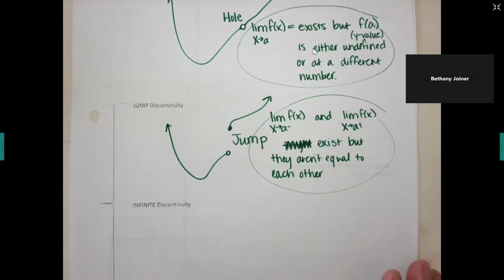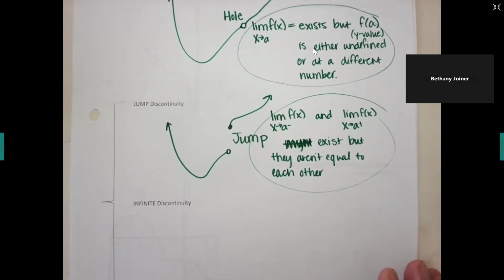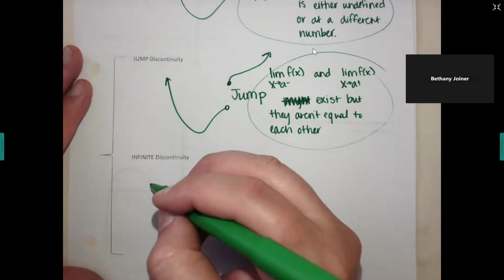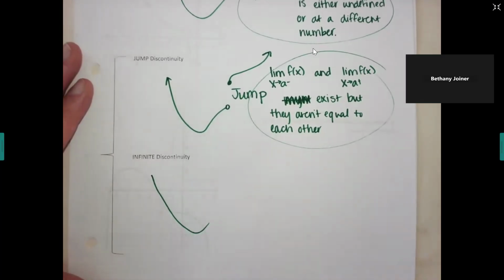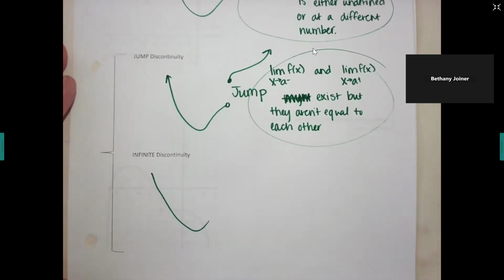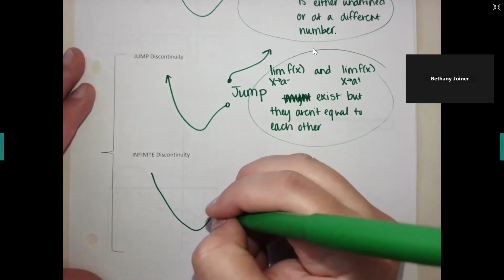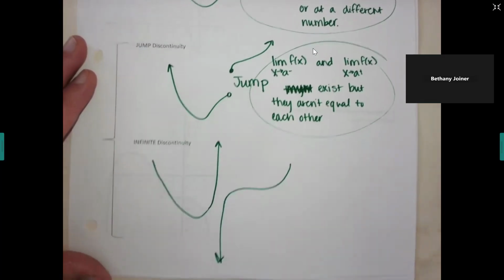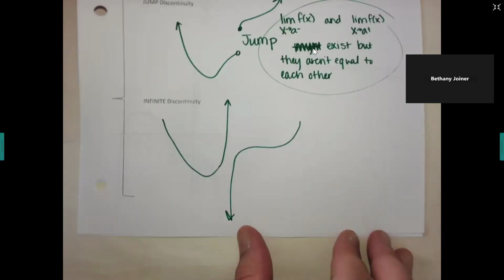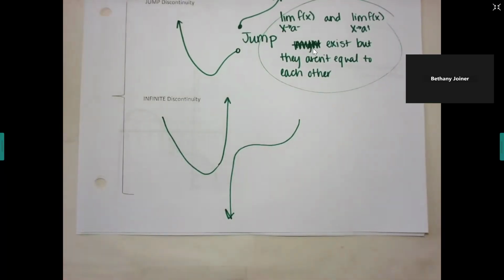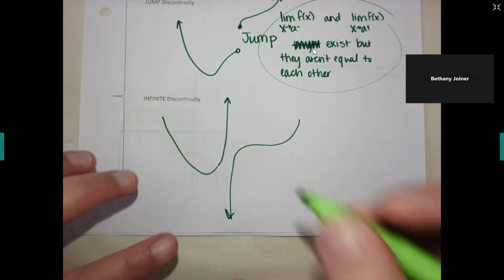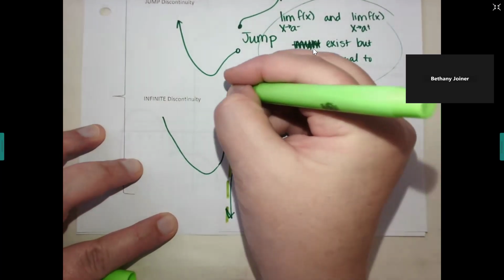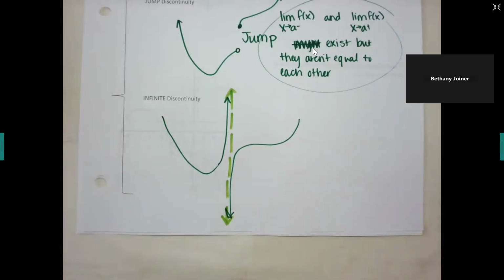The third type is going to be infinite, and this is where you have an asymptote. So give yourself a little graph kind of like this. But then as you get close to where we've been putting our hole and our jump, you're going to make it asymptote. And then we'll say on this side that it asymptotes like that. And if you want to draw in maybe a little line like that.